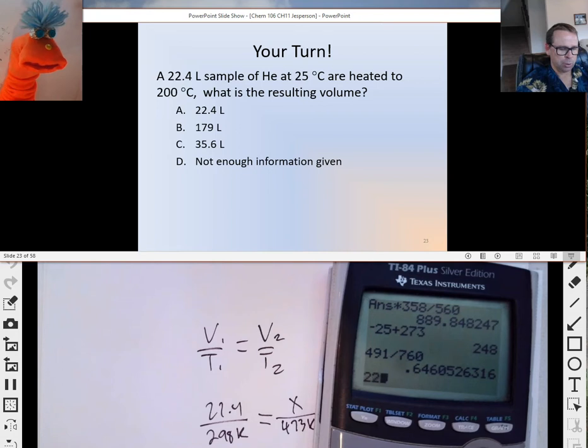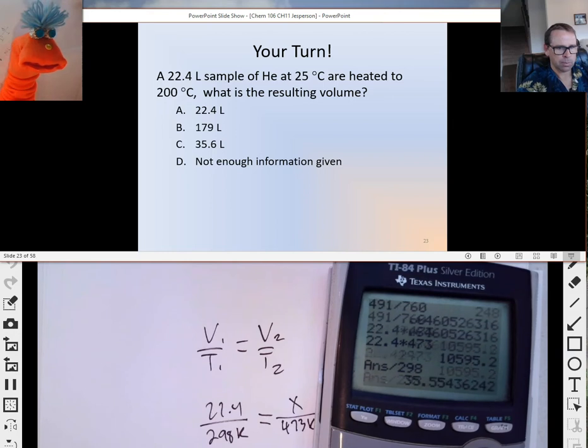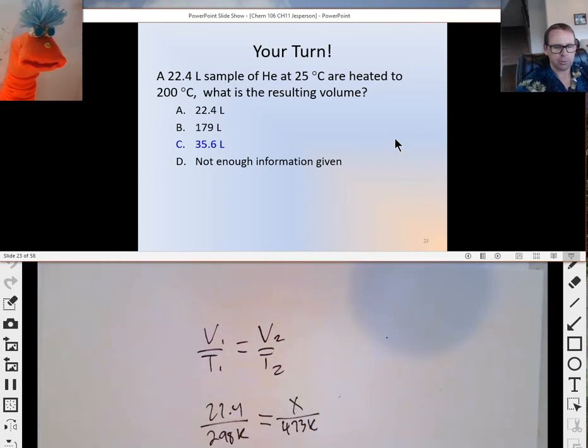So we got 22.4 times 473 divided by 298. So 35.6 should be our volume, 35.6 liters. Okay, good.